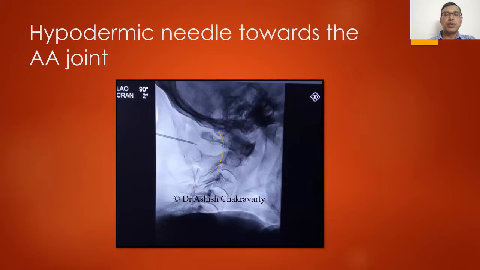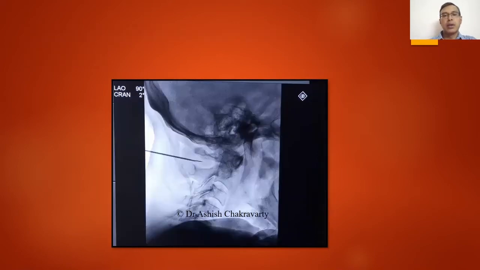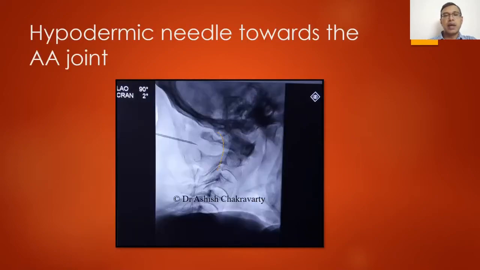Before I proceed further, I would like you to observe closely this particular line, which corresponds to the posterior capsule of the atlantoaxial joint, whereas the other line, which you can faintly notice, is the posterior border of the odontoid process. So this is not the line which you would want to pierce; rather, this faint line is the border of the atlantoaxial joint, that is, the capsule of the atlantoaxial joint.